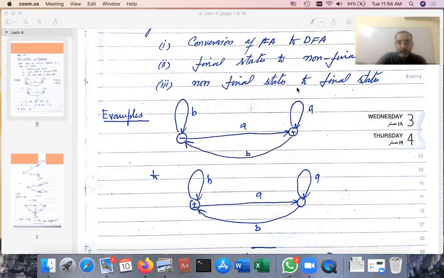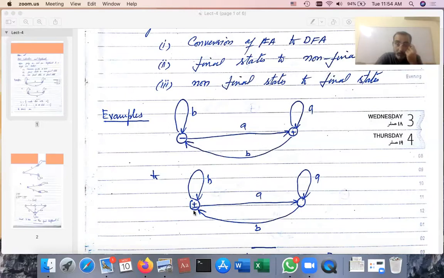So now I have to apply step number 3. This is my initial state, which is a non-final state. So I have to make this state a final state. So I am applying this plus symbol here. With this plus symbol, I am now marking this state as a final state. Previously it was the initial state and non-final.